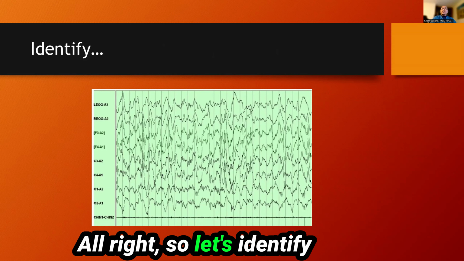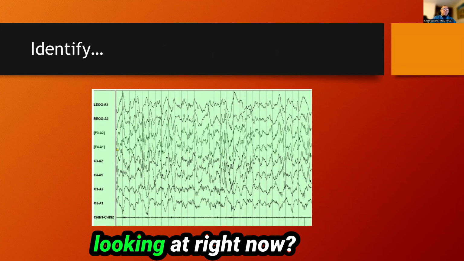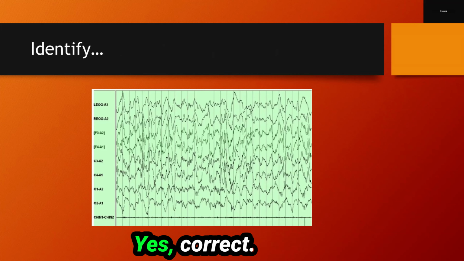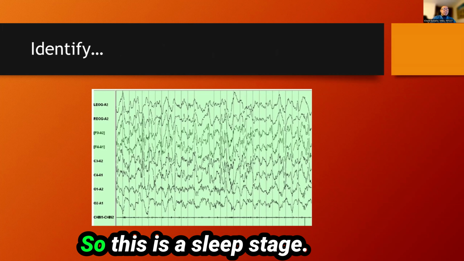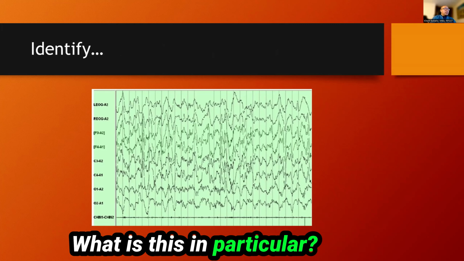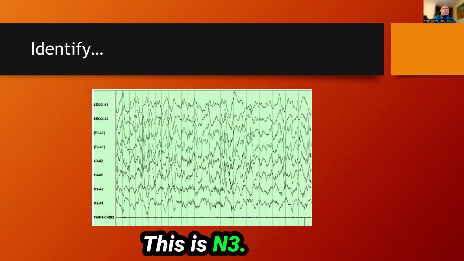All right, so let's identify some things here. What are you looking at right now? Brainwaves? Yes, correct, brainwaves. So this is a sleep stage. Anybody want to try? What is this in particular? Is it 3? Very good. This is N3.